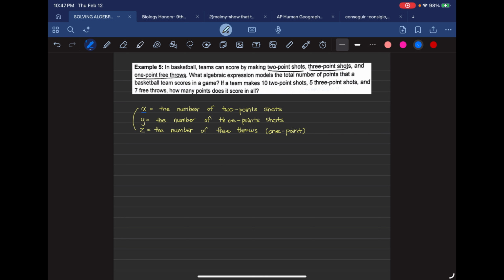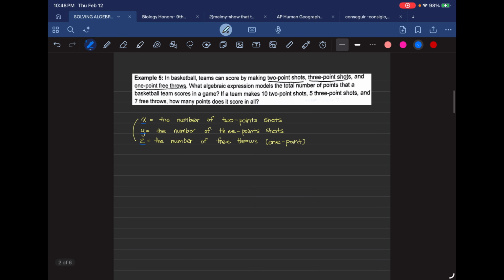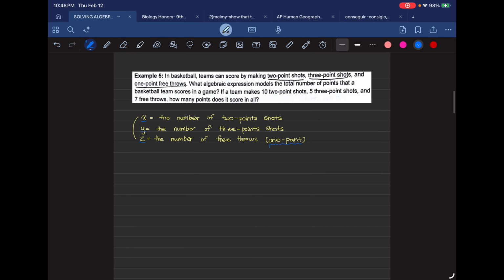So I said x will be equal to the number of 2-point shots, y will be equal to the number of 3-point shots, and z is going to be equal to the number of free throws, which count for 1 point.